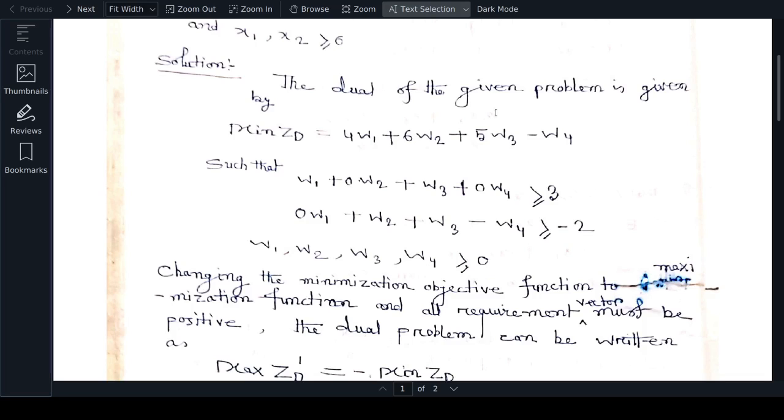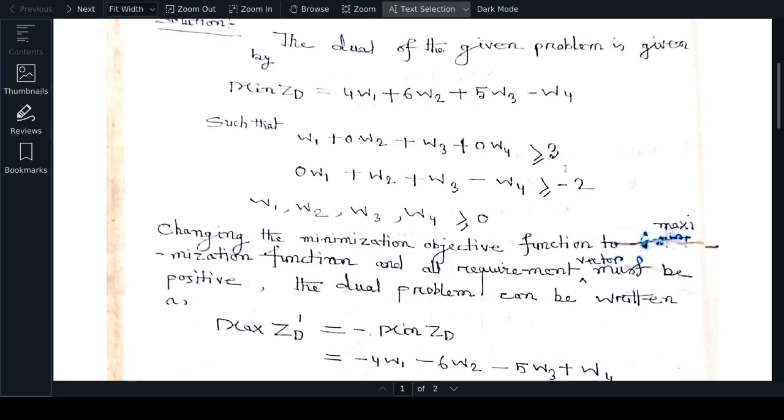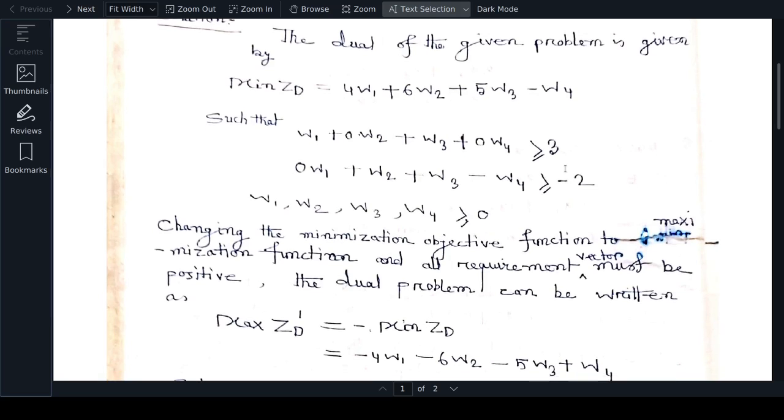The number of variables in the primal is 2, so the number of equations in the dual will be 2. And the number of inequations in the primal is 4, so the number of variables in the dual will be 4.